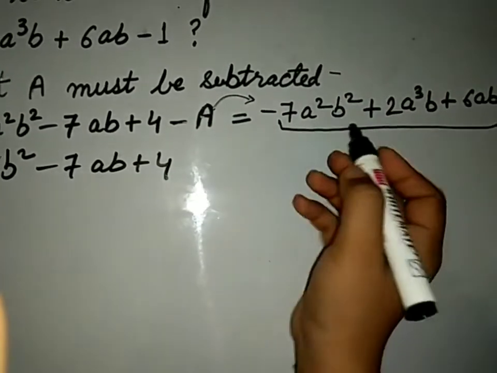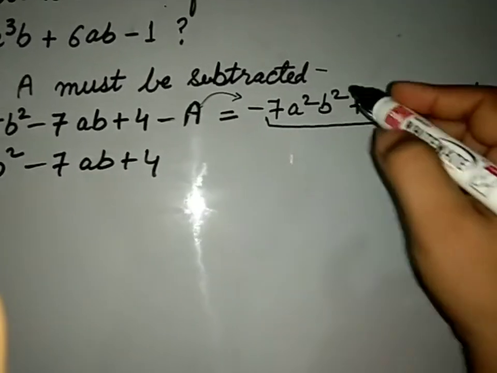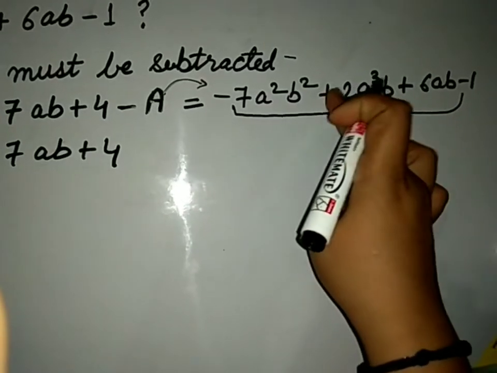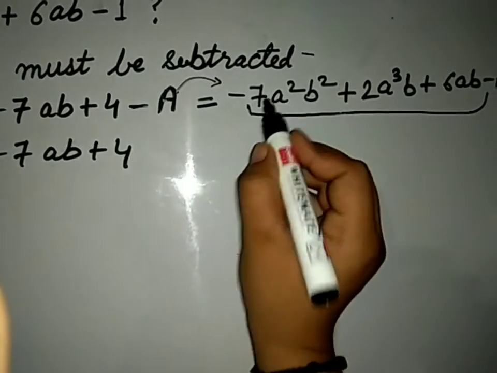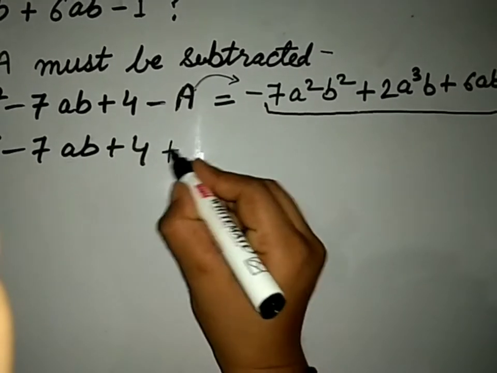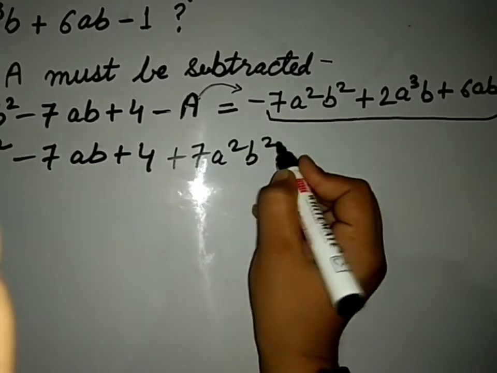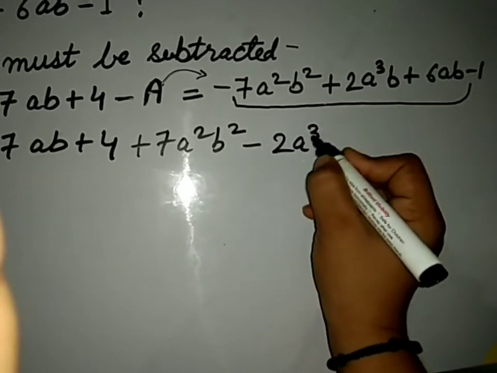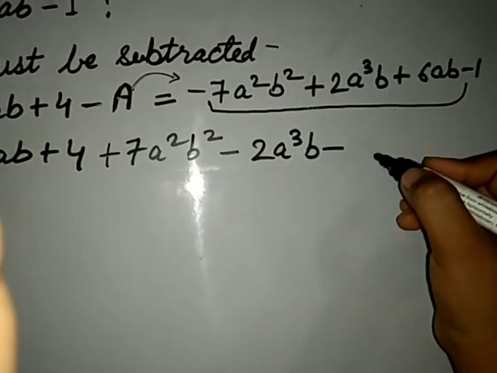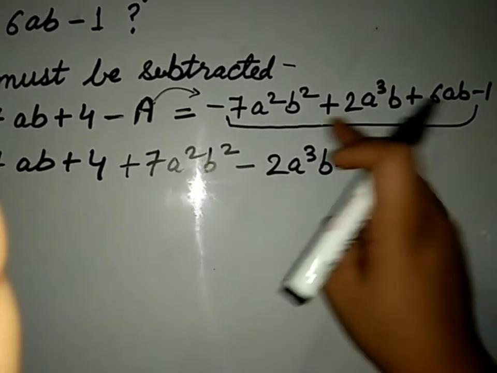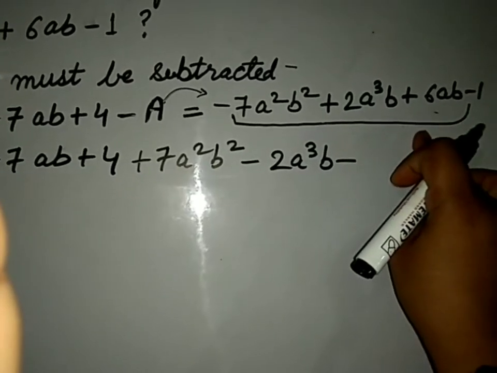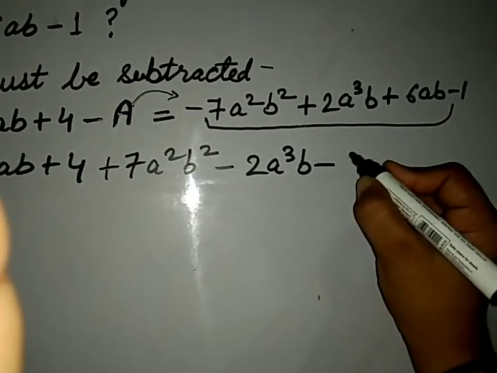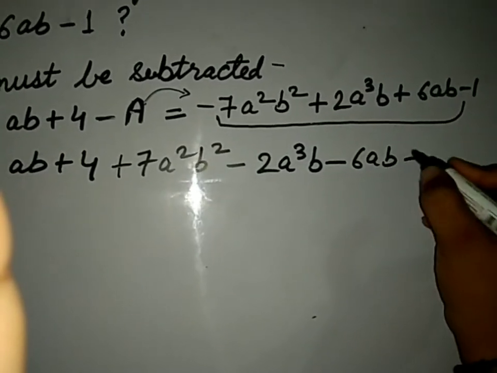Okay, so when this expression moves to the left side, all terms which have negative sign become positive, and which have positive sign become negative. So this minus 7a square b square becomes plus 7a square b square, and plus 2a cube b becomes minus 2a cube b, because you are changing the side of this expression, all the signs have changed, and minus 6ab and minus 1 becomes plus 1.